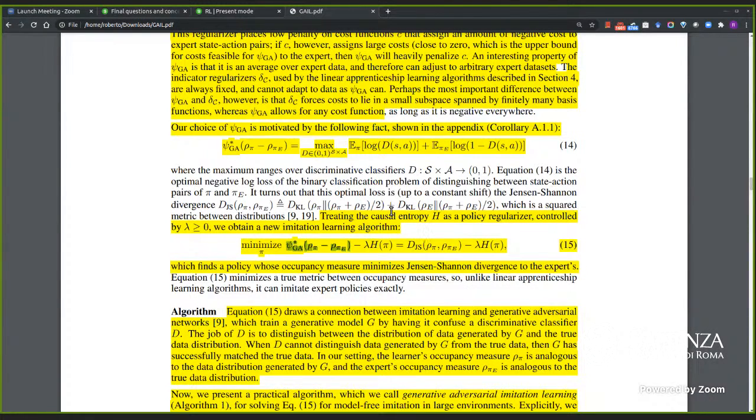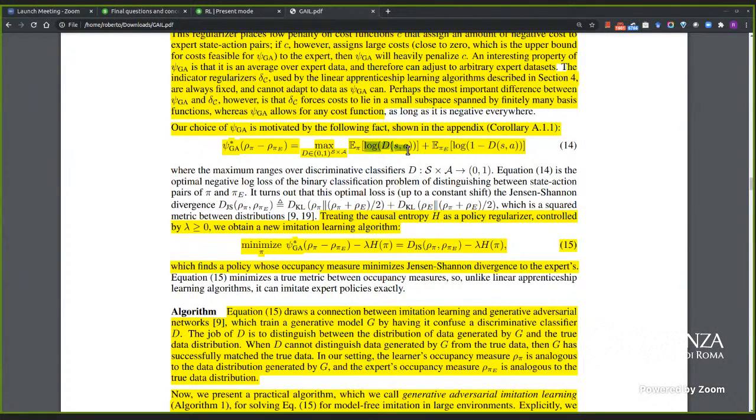The only thing that we can do to minimize over the policy is minimize over this term over here, which means we're treating this as a cost function, right? The other thing that we're doing is trying to maximize this cost function at the same time, in such a way that it can discriminate between the policy that we're learning and the expert data.